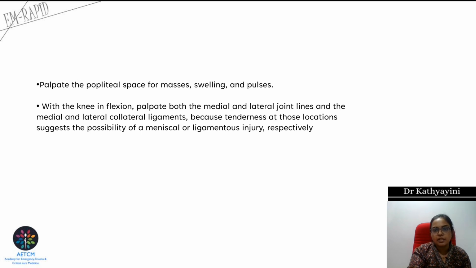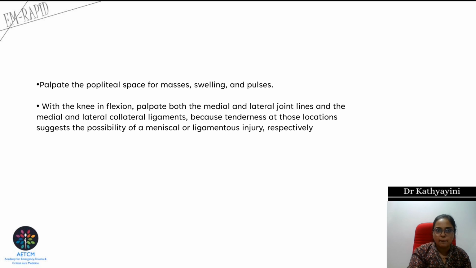While examining the knee joint, an important point is that we should not miss the popliteal region, because with any dislocation or fracture of the knee there is a high chance of vascular involvement. A posterior dislocation can cause popliteal artery involvement, leading to hematoma and pulsatile masses.